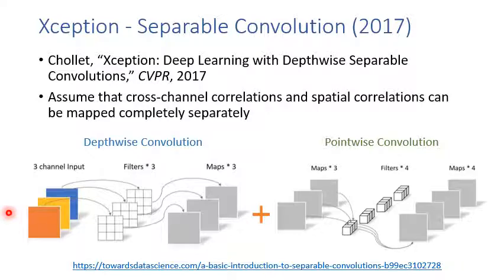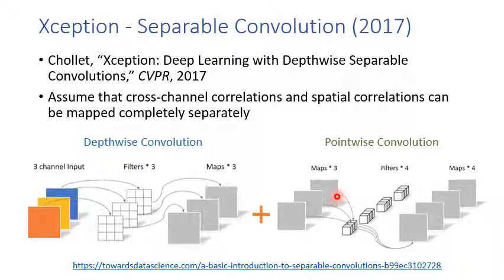Suppose we have a 3-channel input, RGB, and then the depthwise convolution will first process the 3 channels independently. And then we will have 3 independent feature maps. Then the depthwise convolution needs to be followed by the pointwise convolution, which is focused on applying the filter to the channel dimension.